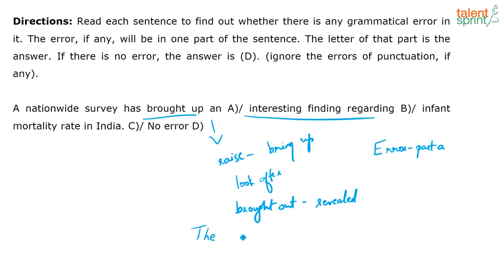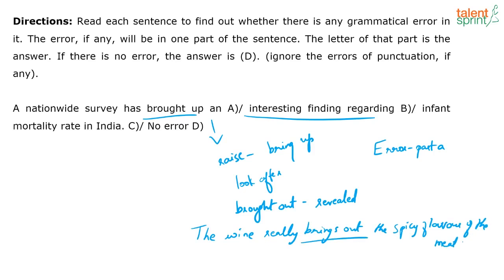Just to put this in context, the wine really brings out the spicy flavor of the meat. To bring out means to make something or someone show a quality that they have, or to reveal something. Yeah, clear? So that was errors pertaining to phrasal verbs.